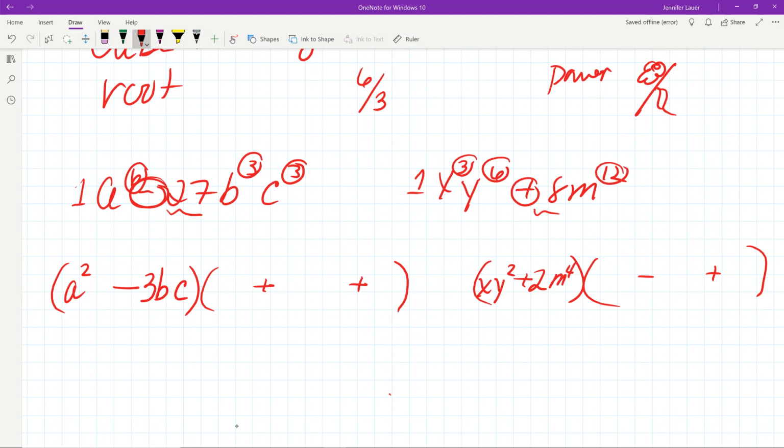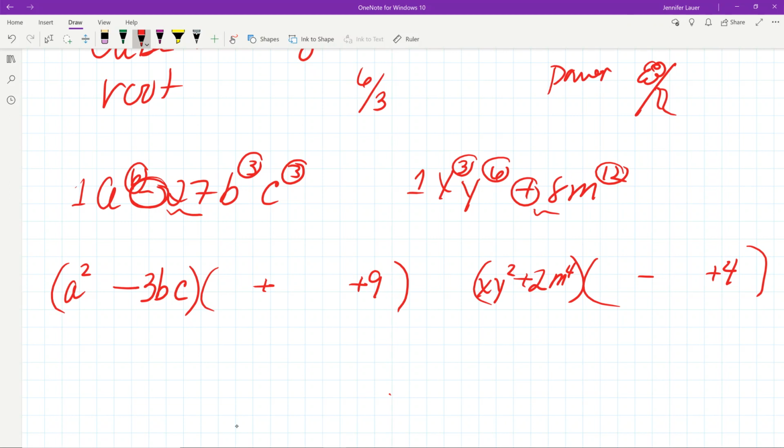Now, how do we figure out leftovers? Okay, well, all you have to do with the numbers is divide. So 27 divided by 3, that's going to give me a 9. I'm going to put that there. 8 divided by 2 is a 4. When you're dealing with exponents, you subtract. Remember that when they're division, it's subtraction for exponents.